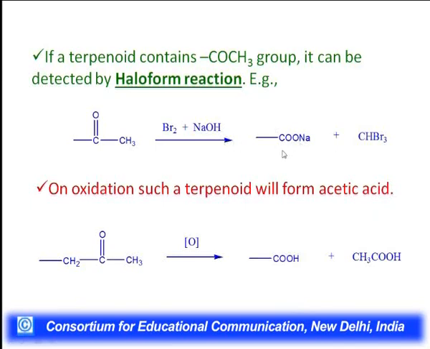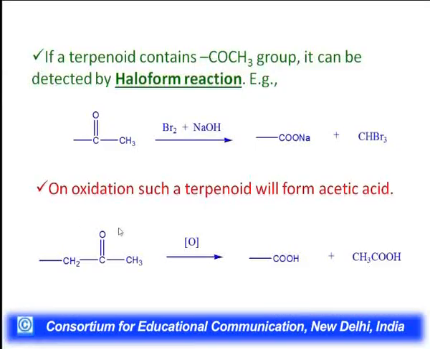Here it will form the salt of sodium and a bromoform will be formed, and by the color of this bromoform we can detect that it is undergoing the haloform reaction, and we will say that the methyl ketone group is present in that terpenoid. On oxidation, such terpenoids also form acetic acid. For example, this methyl ketone, if it is present in the terpenoid and undergoes oxidation, will give acetic acid.